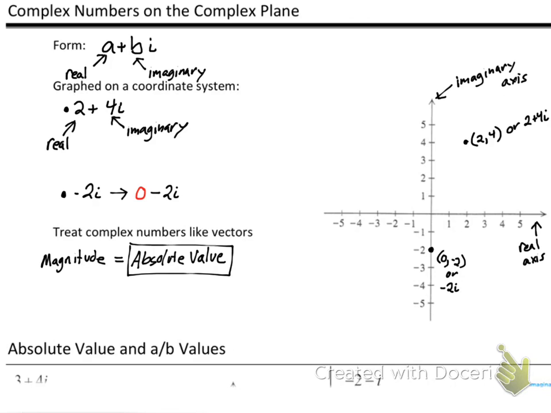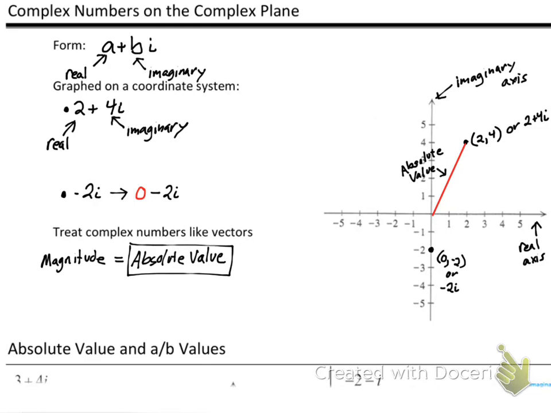So for example, if I found the length of that line and I called it my magnitude, for our complex number, this is actually our absolute value. Which makes sense, because an absolute value is just your positive distance away from 0.